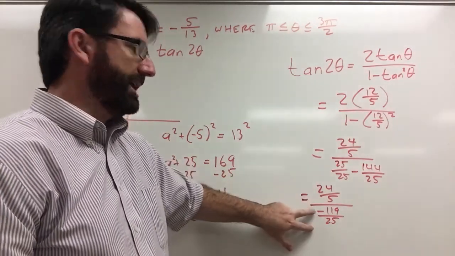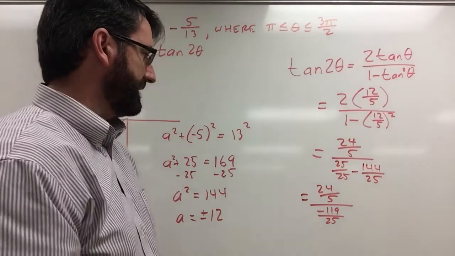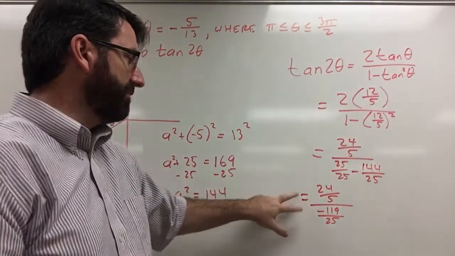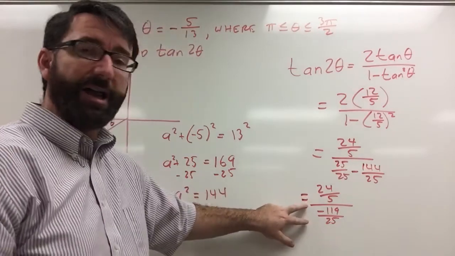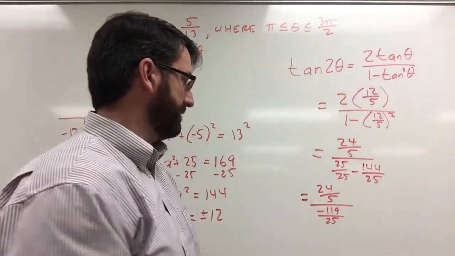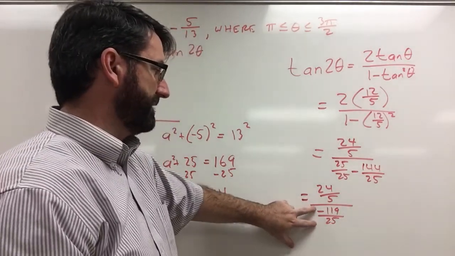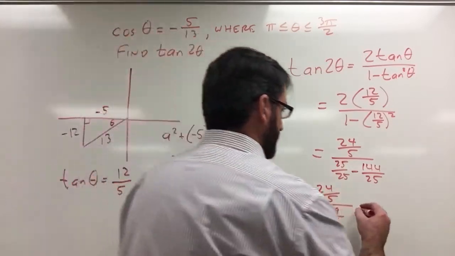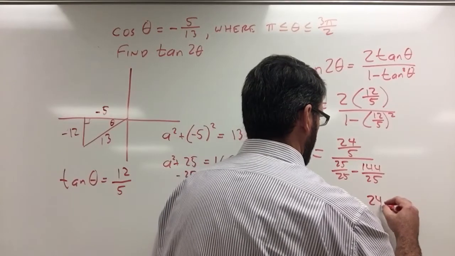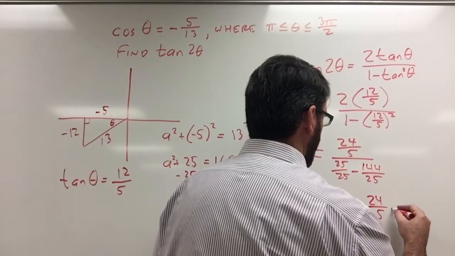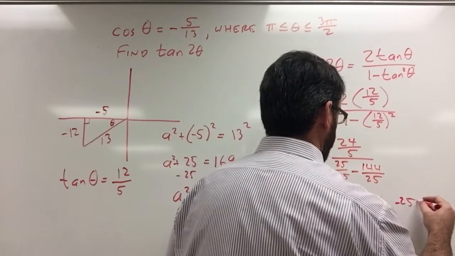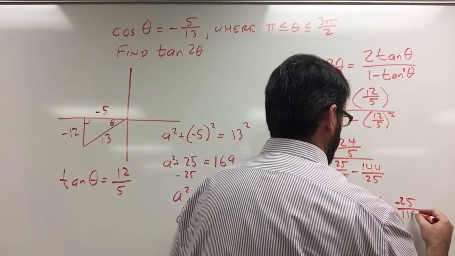All right. Now, we don't like this complex fraction, where we have a fraction over a fraction. So let's rewrite this. Remember that dividing is the same as multiplying by the reciprocal. So we're going to take this denominator here and flip it over. So this is the same as 24/5 times the reciprocal of this, which would be negative 25 over 119.